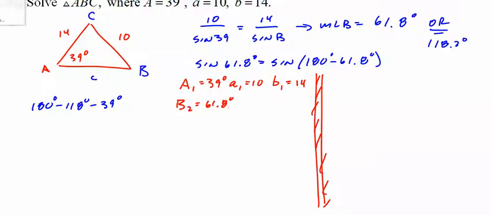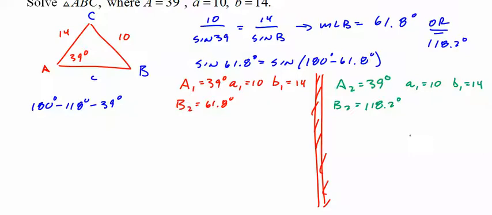On the other hand, we have the second choice: 39 degrees, a1 equals 10, b1 equals 14, and big B2 equals 118.2 degrees, because we don't know. It's what they call an ambiguous case of the law of sines. Could be one solution, could be two. So we got to do all this twice.